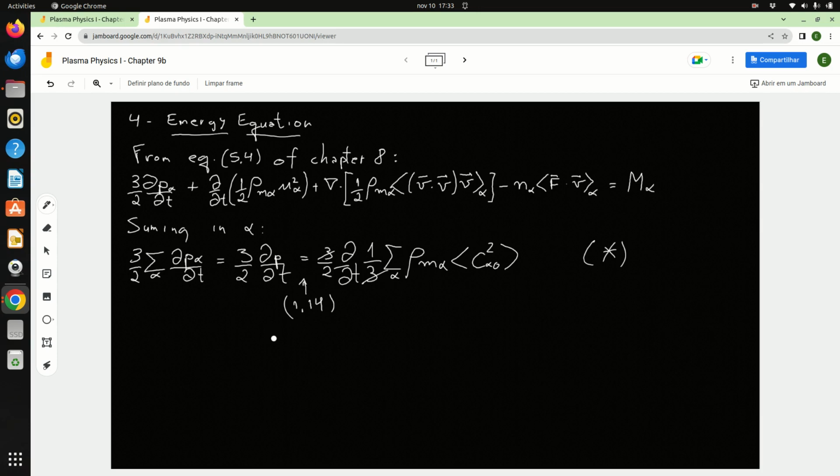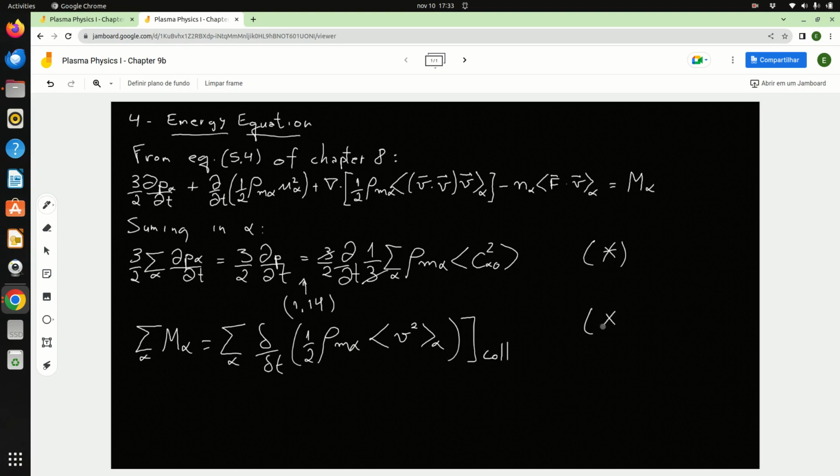So in the right hand side of this equation 5.4 of chapter 8, you have the sum of this. If you use the definition of M, the collisional term given in chapter 8, it's this. It doesn't matter too much, it's just to make it more clear here.